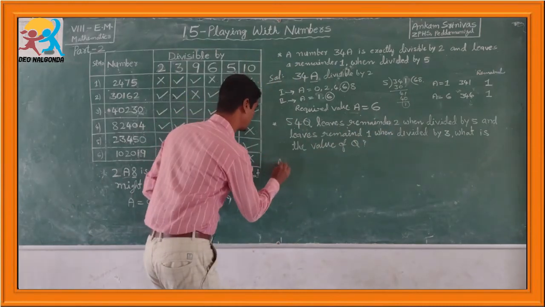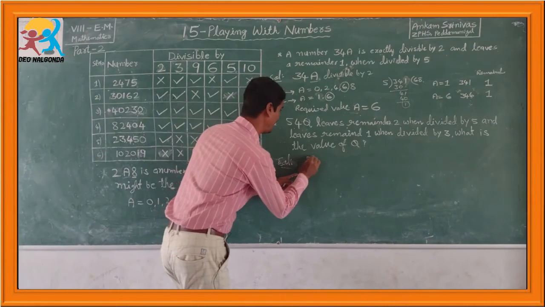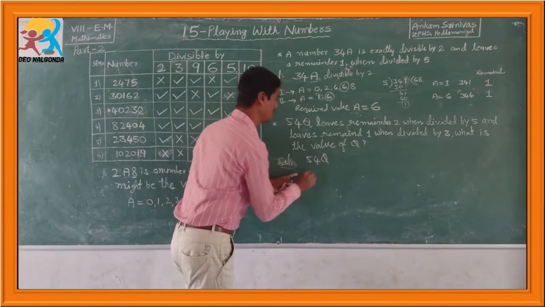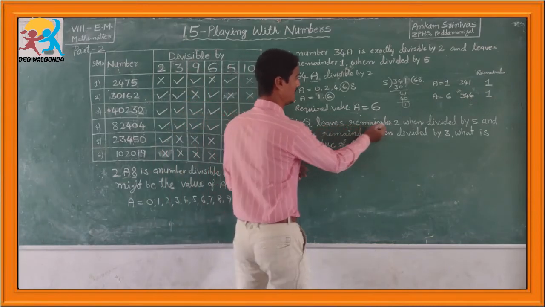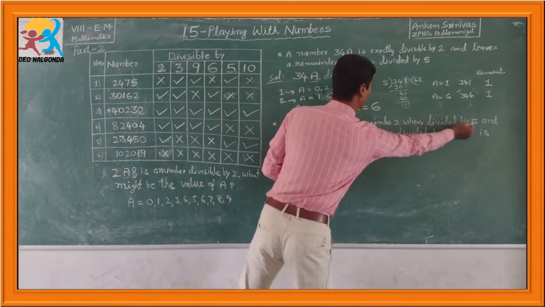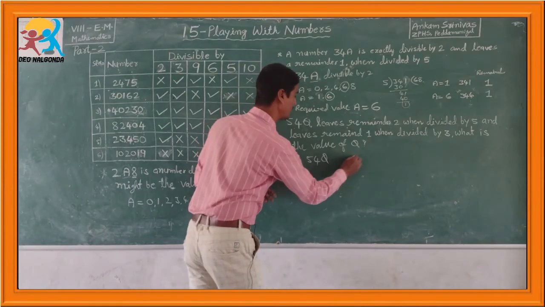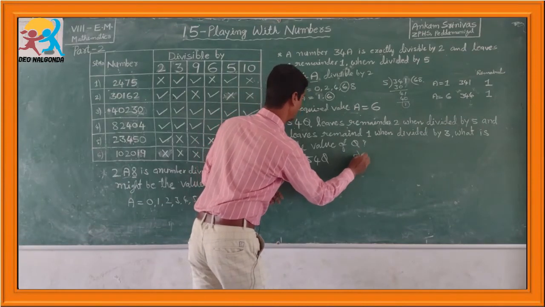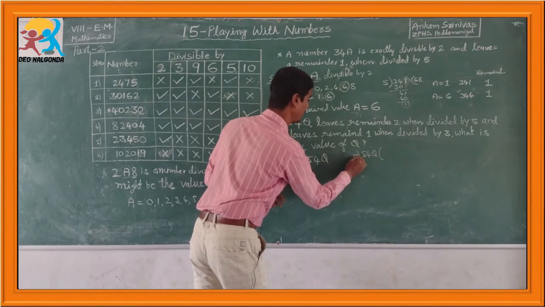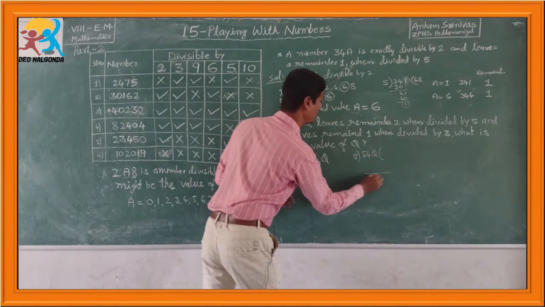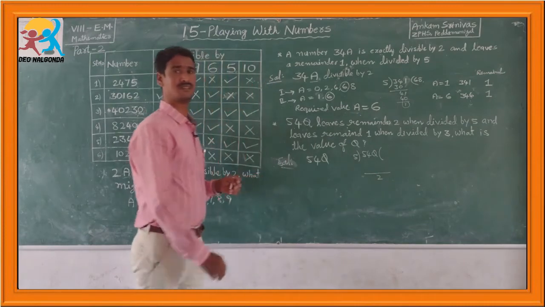So take the number first. What is the number? 54Q. This is a 3-digit number. When divided by 5, the remainder is 2. That means when the given number 54Q is divided by 5, the remainder should be 2.